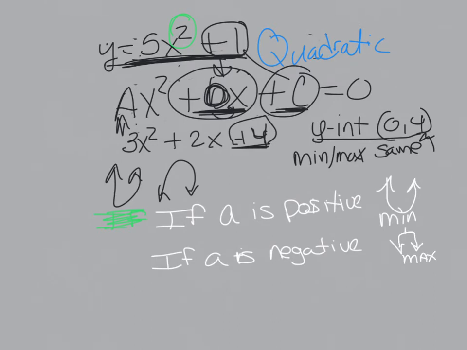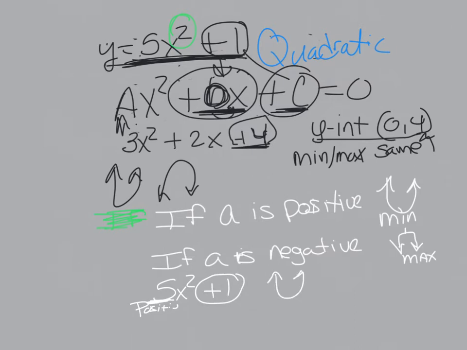All right, so going back to this equation, 5x squared plus 1. If 1 is my y-intercept and my a, 5, is positive, all right? So that means my graph looks like this.